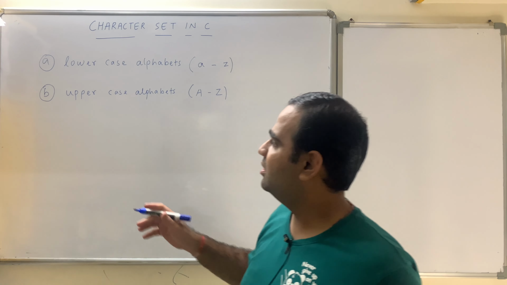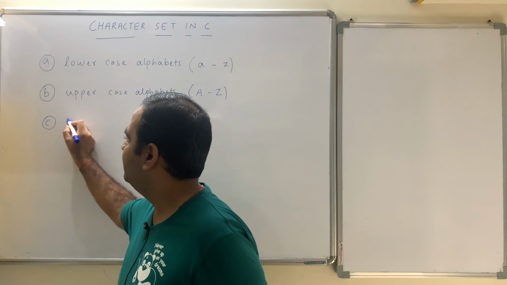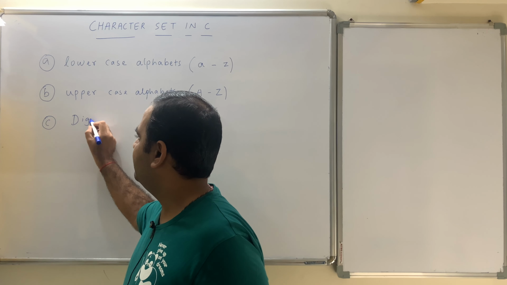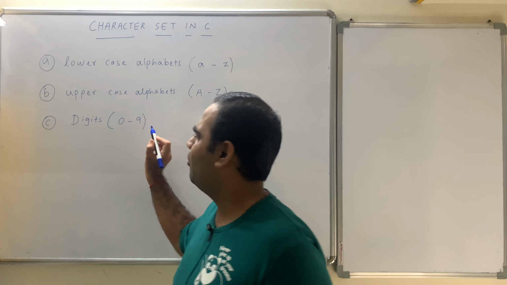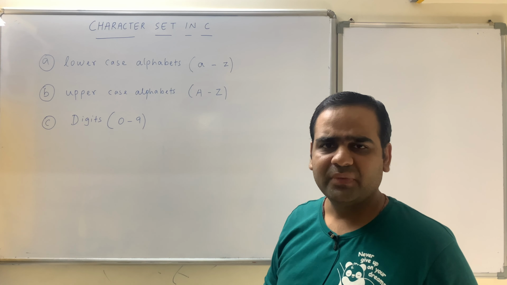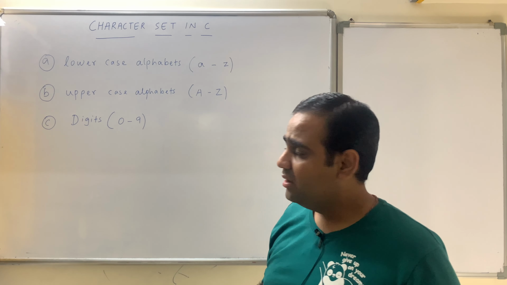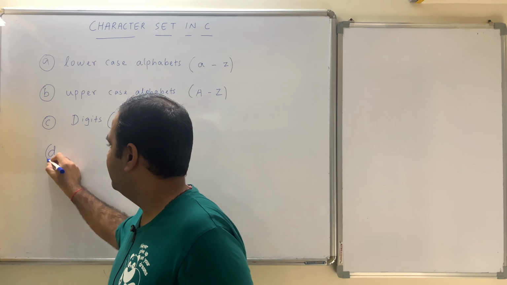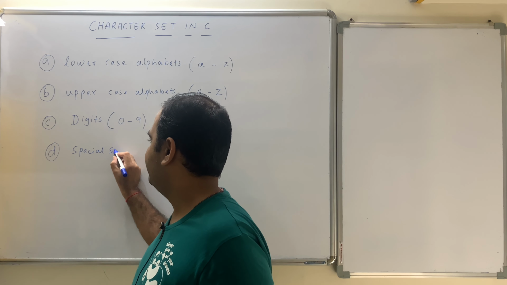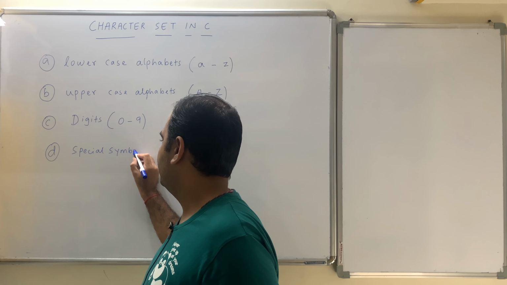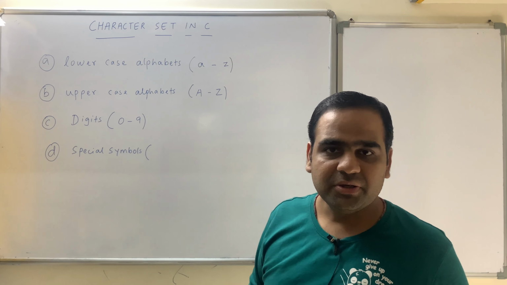The third thing that we have is digits. These digits from 0 to 9 are in the character set. And the last thing that we have is the special symbols. Now what can be a special symbol?